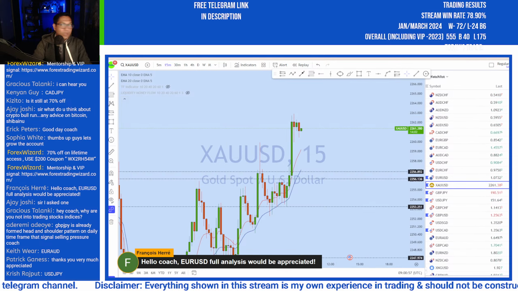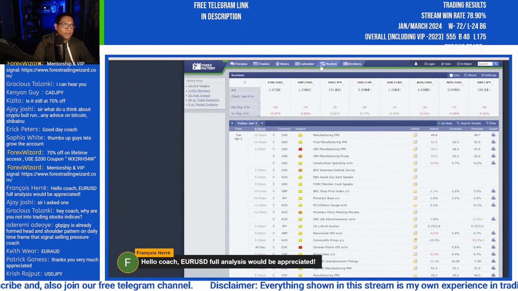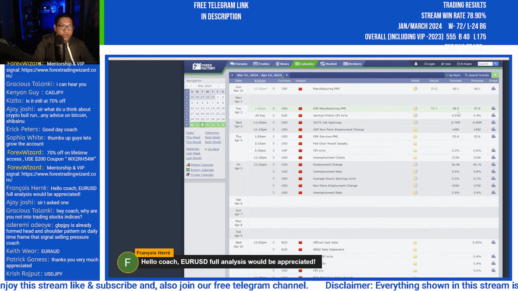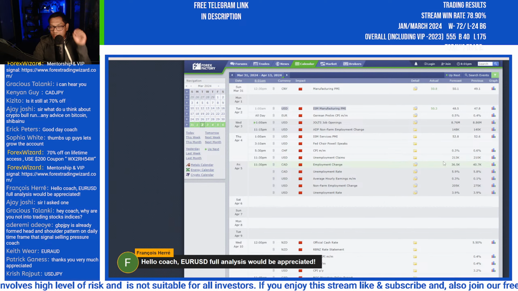For example, if you look at the data release, at the Forex Factory calendar, the professional trader doesn't care much about the results of the data, but cares a lot about the event and the significance of that event.